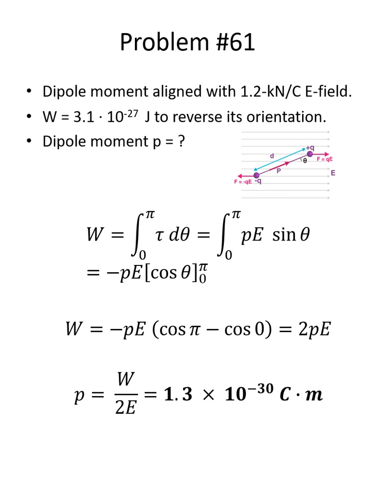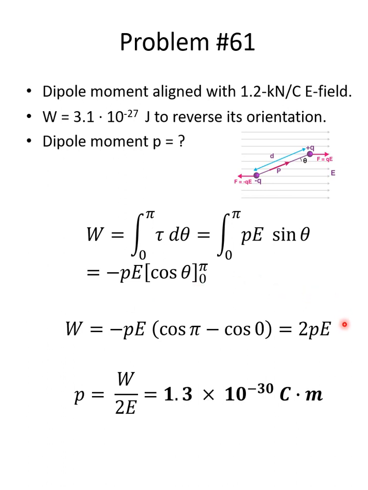So we plug in the limits of integration, 0 and pi. We get negative PE cosine pi. And what is cosine pi? That is negative 1. Minus cosine of 0, which is 1. So the bit in the parentheses becomes negative 2. So negative PE times negative 2 becomes 2 PE. Work equals 2 times the dipole moment times the electric field.